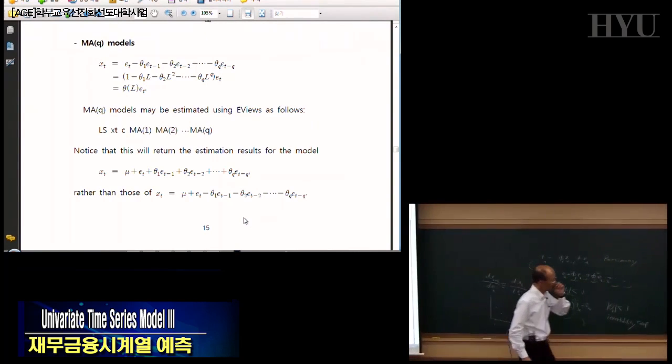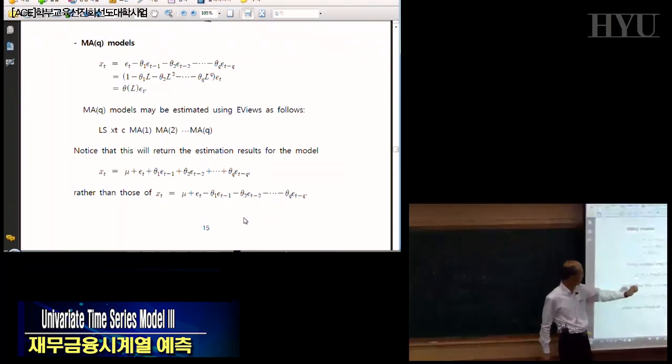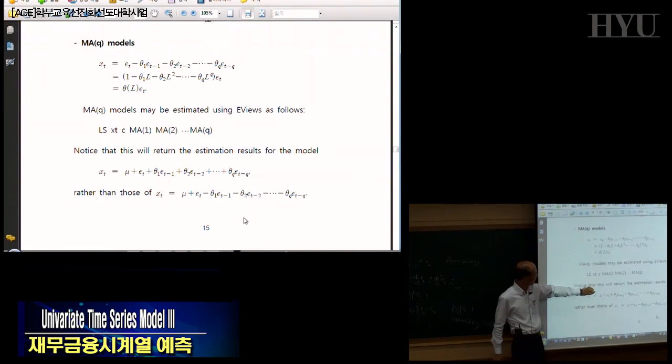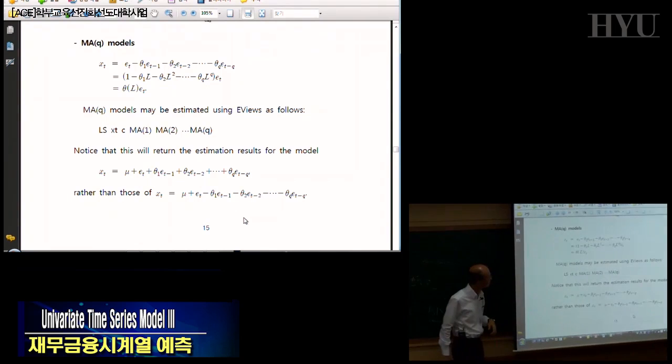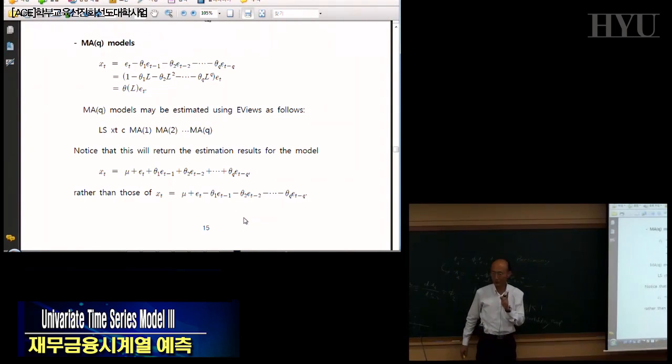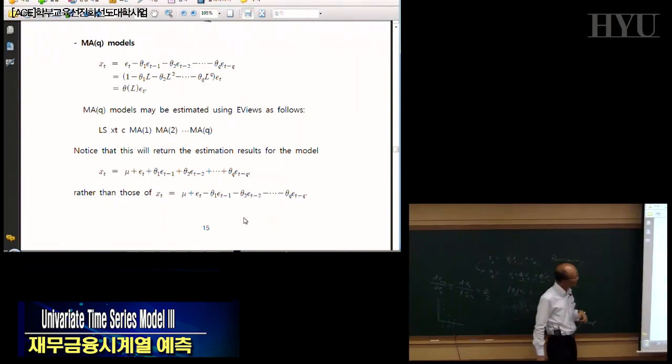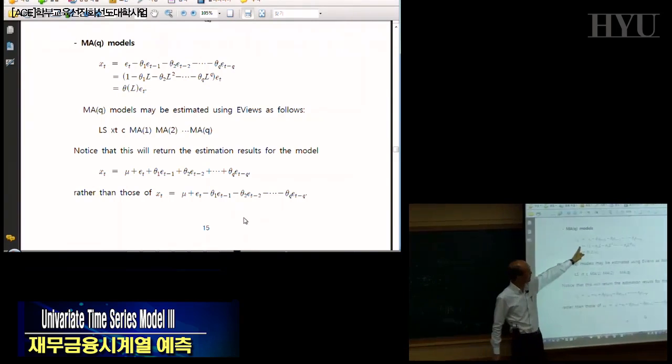In EViews, if you have data, then simply you can type least squares, data, including mean of the process, and MA1 to MAQ. The only confusing part in EViews is that this is more or less universal notation.